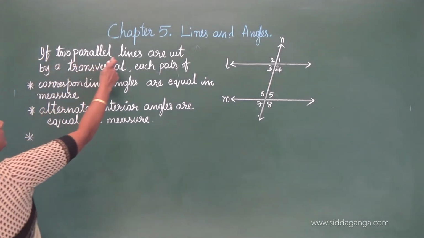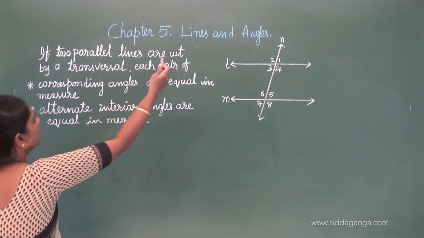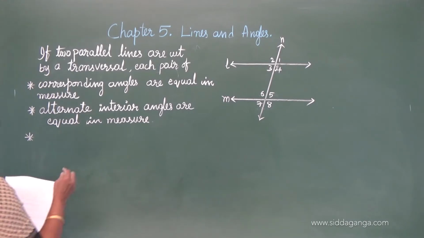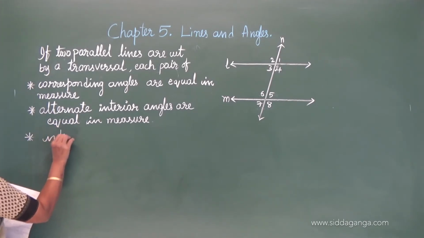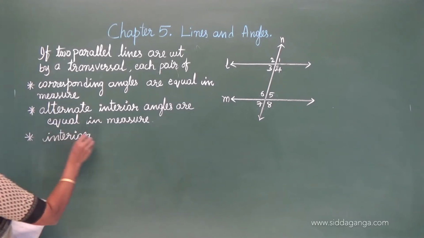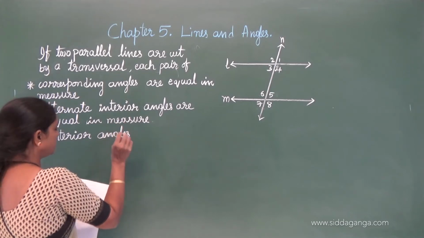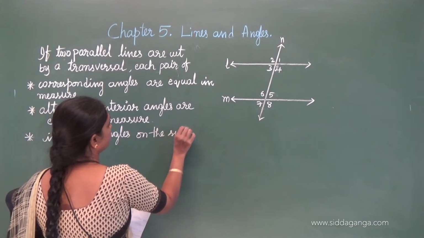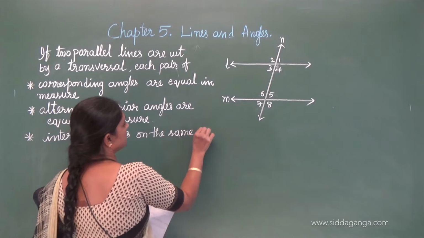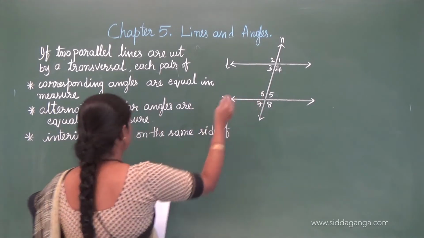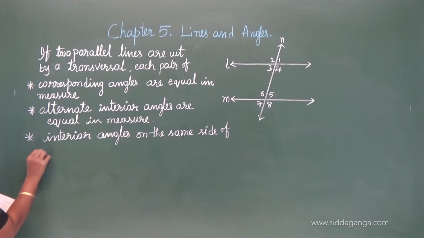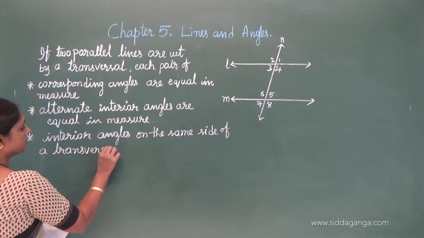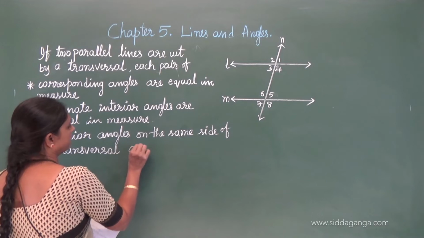So if two parallel lines are cut by a transversal, each pair of interior angles on the same side of the transversal are supplementary.